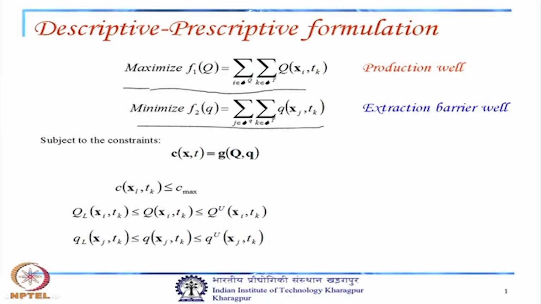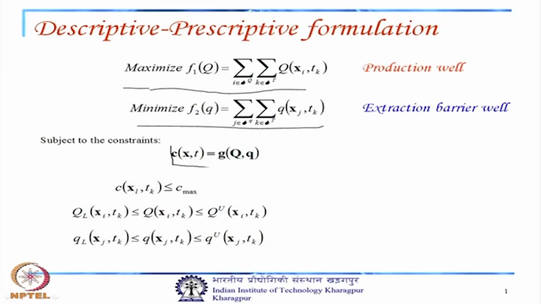Summing over all spatial locations and all time periods, we can maximize the production well pumping and minimize the pumping from the extraction barrier wells, that is for location j and for time period k.